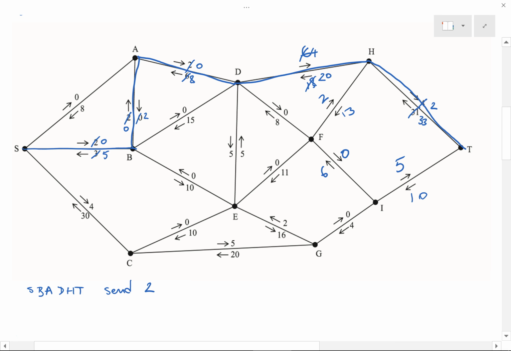Okay, but it did say increase it by 4. So there must be another flow augmenting route somewhere. It doesn't look all that promising, but what we've got here actually is a route that can go around the houses a bit, and this is one of the ones which would involve a backflow.